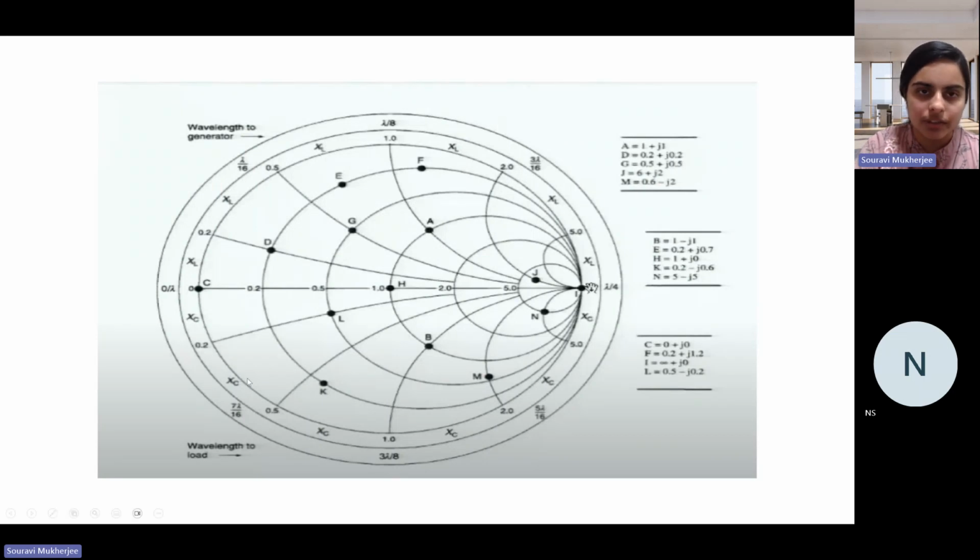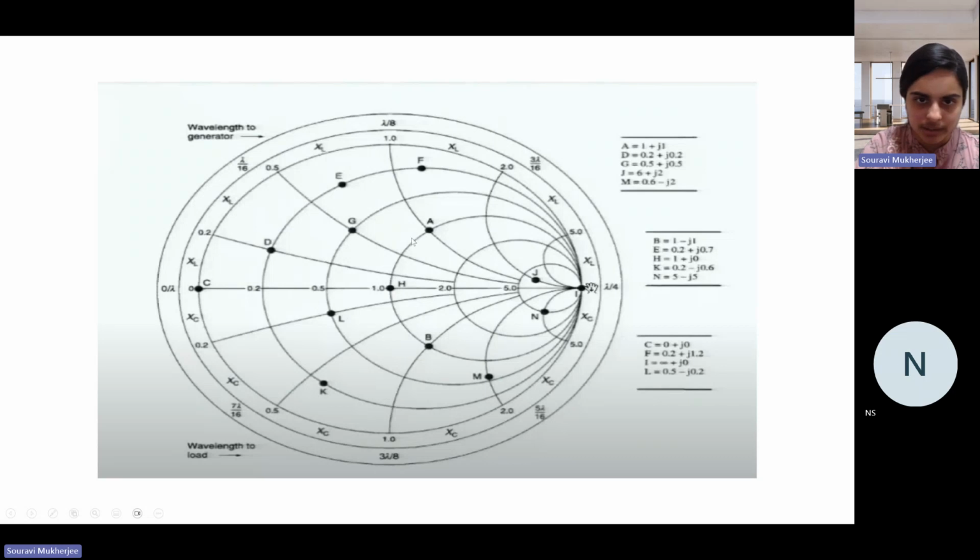If you look at any given Smith chart, you would see that there are numbers on it. Suppose you have to plot some complex quantity, 1 plus j1. How do you plot it? The real part is 1, so it should be along this circle, so that your resistance part is 1.